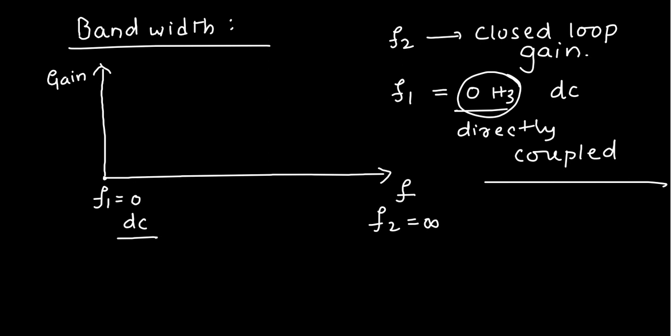Now, when I say that my operational amplifier circuit is likely to become unstable, the simplest solution is to connect a capacitor. We have already discussed that in our previous discussion. So, when I connect the capacitor in my circuit, in what way is it going to affect the value of f1? This is a very important point to be noted.